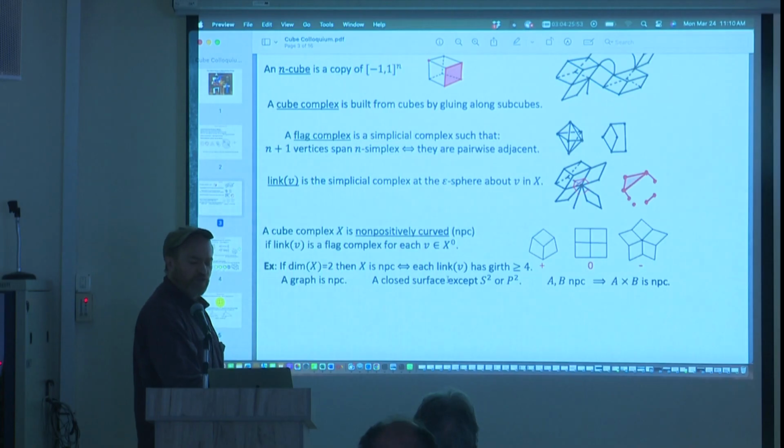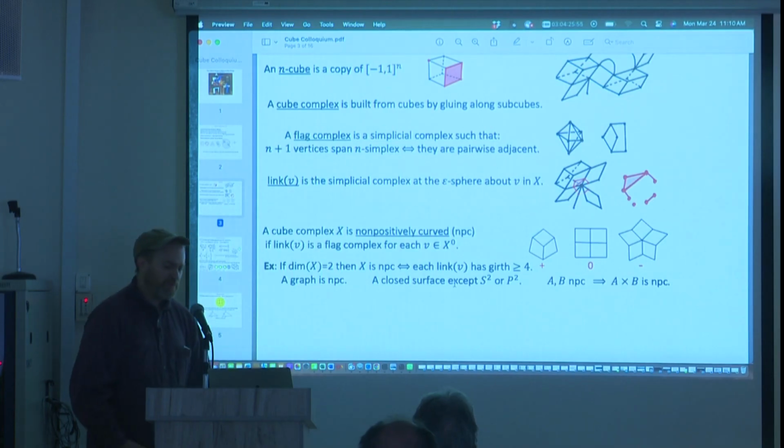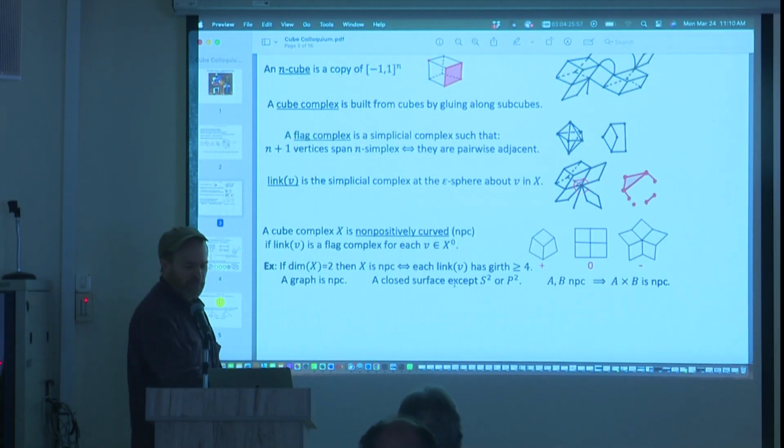Any closed surface, and that's fun to do if you haven't seen this before, except for a sphere or projective plane is homeomorphic to a non-positively curved square complex in many ways. And if you take 2 non-positively curved cube complexes, then their product is again a cube complex. You have to think about why, right? Products of cubes are cubes. And their product is again non-positively curved. And it's fun to think about why that would be.